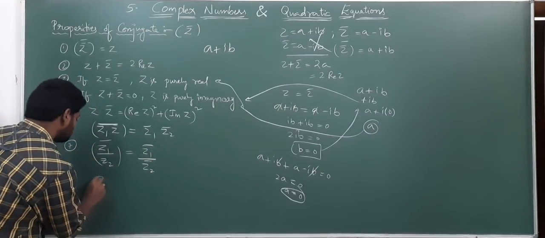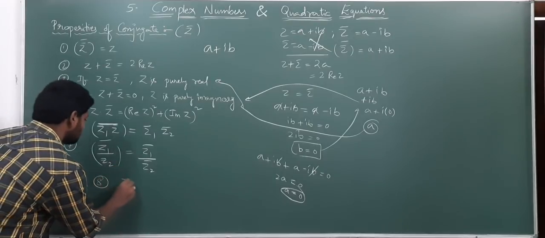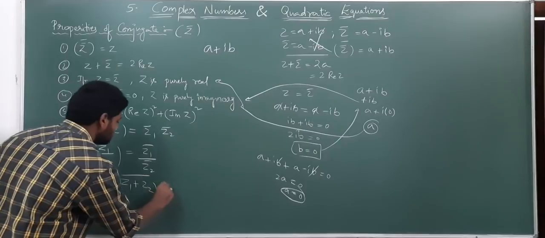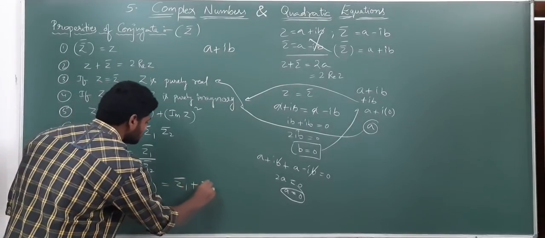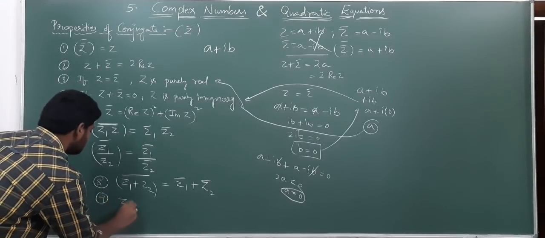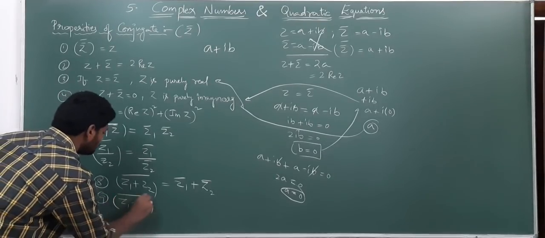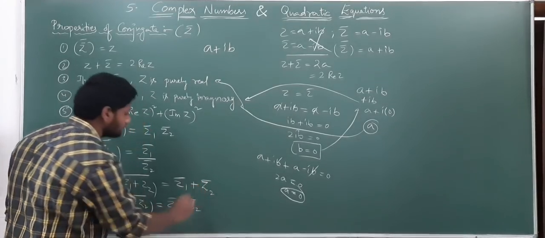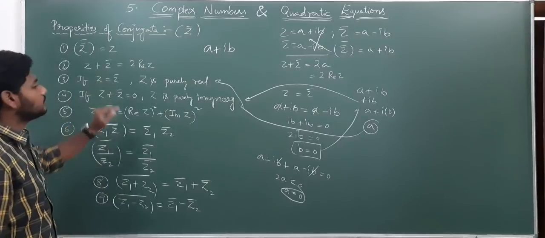Next, property number 8: z1 plus z2 whole bar is equal to z1 bar plus z2 bar. And in subtraction also, z1 minus z2 whole bar is equal to z1 bar minus z2 bar. So these are the properties of conjugate.